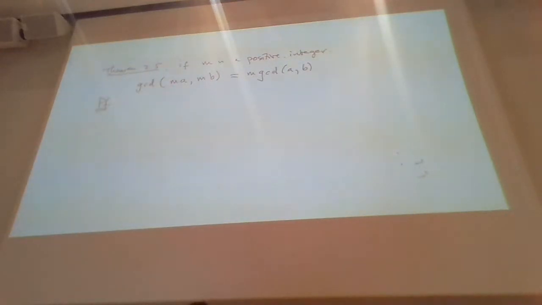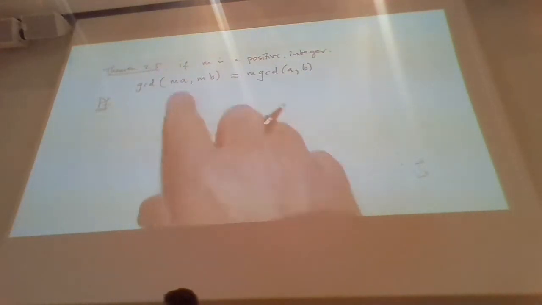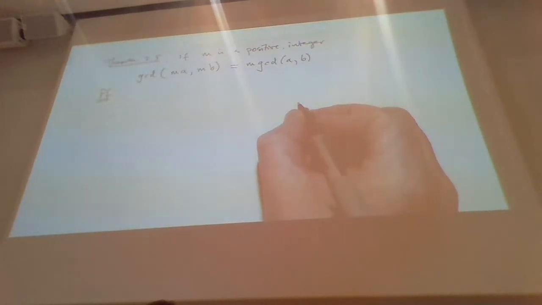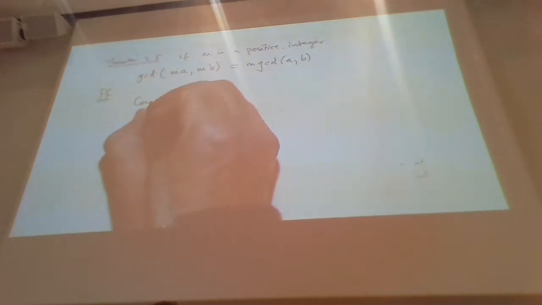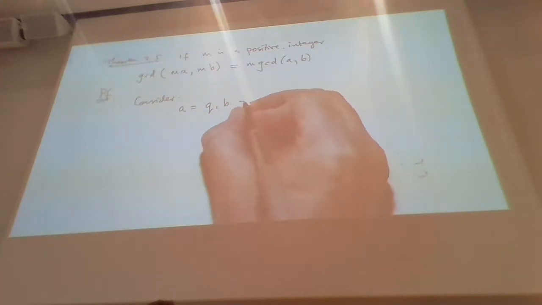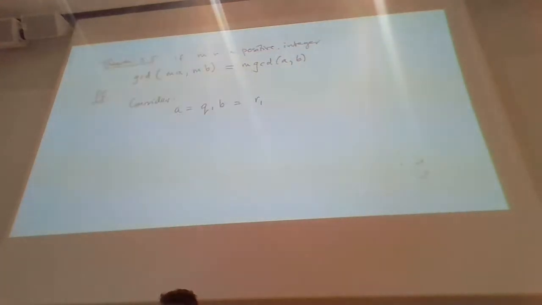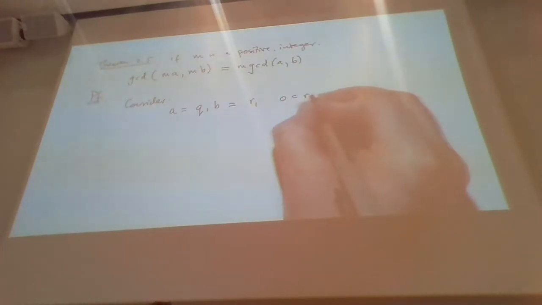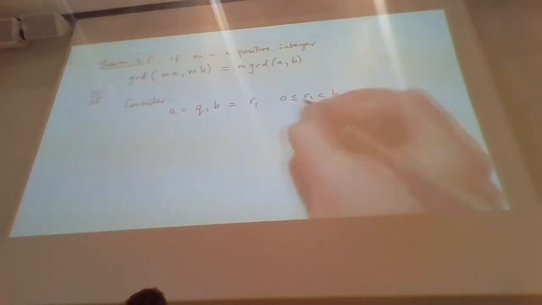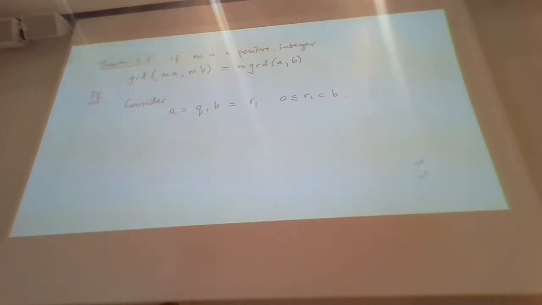So the proof of this idea presented in the notes, this is really nice, it allows you to simplify the arguments to the GCD function. The proof in the notes basically works that if you think about how the Euclidean algorithm is operating with a and b, the first equation produced is an equation like this, where the remainder r1, assuming we don't have perfect divisibility, is greater than or equal to 0 and strictly less than b.